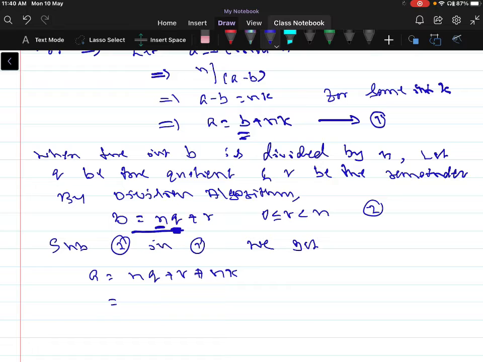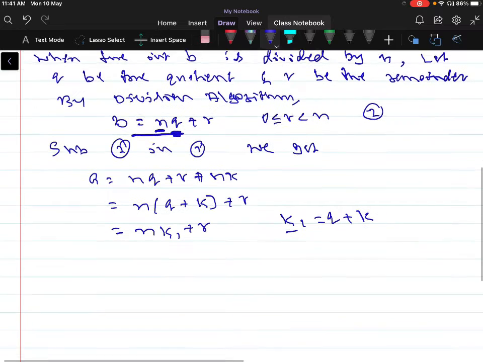So this is equal to n is common, n into q plus k, plus r. So this is equal to n into k1 plus r, where k1 is equal to q plus k. k is an integer and q is also an integer, therefore k1 is also an integer.